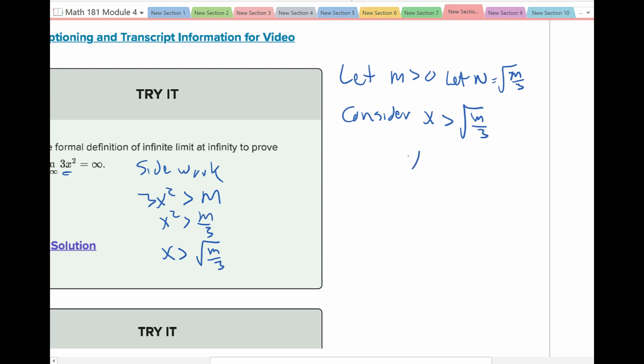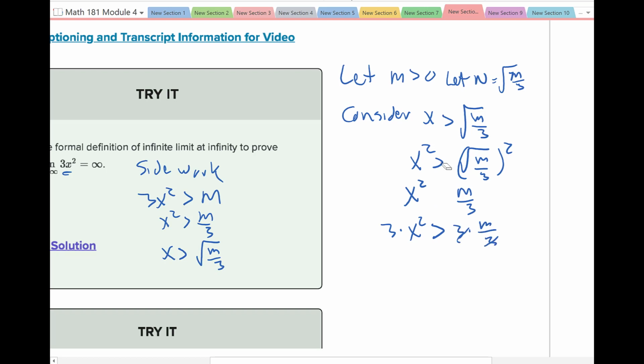So that x squared is greater than the square root of m over 3 squared. So x squared is greater than m over 3. If I said it wrong, it's the square root of m over 3 squared. That gets rid of the square root. Then we multiply both sides by 3. 3 times x squared is greater than 3 times m over 3. So these cancel.